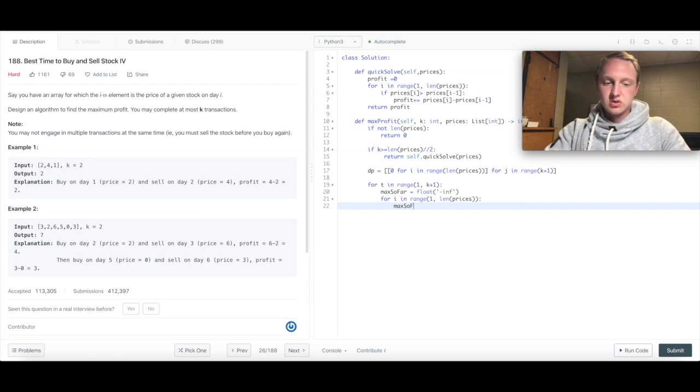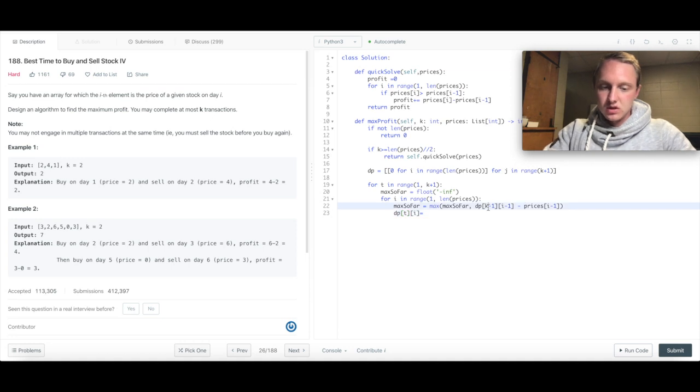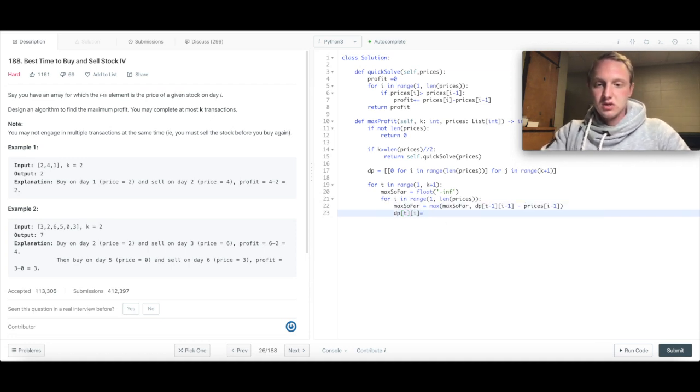We check max so far if it changes, max so far, and we check dp[k-1][i-1] minus prices[i-1], and dp[k][i], actually not k, it's t, and here it's t, i.